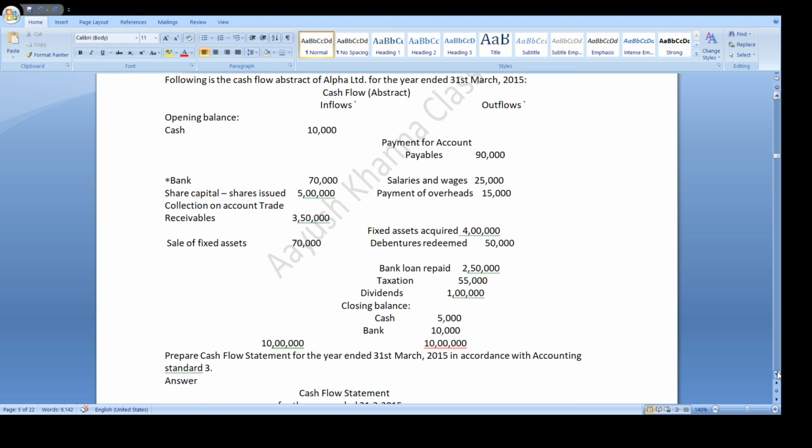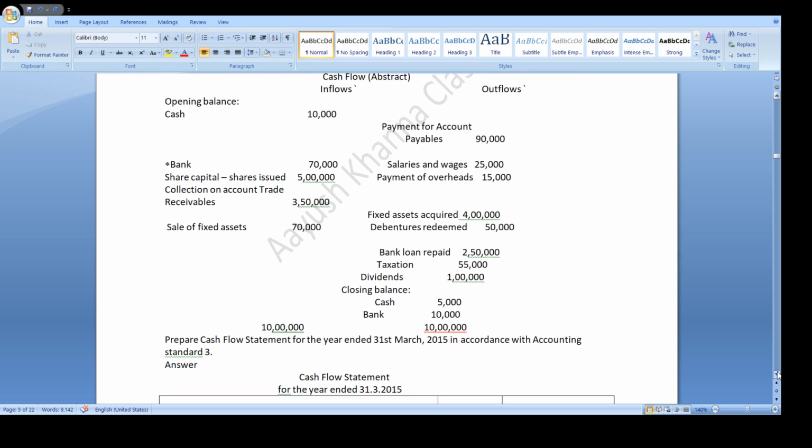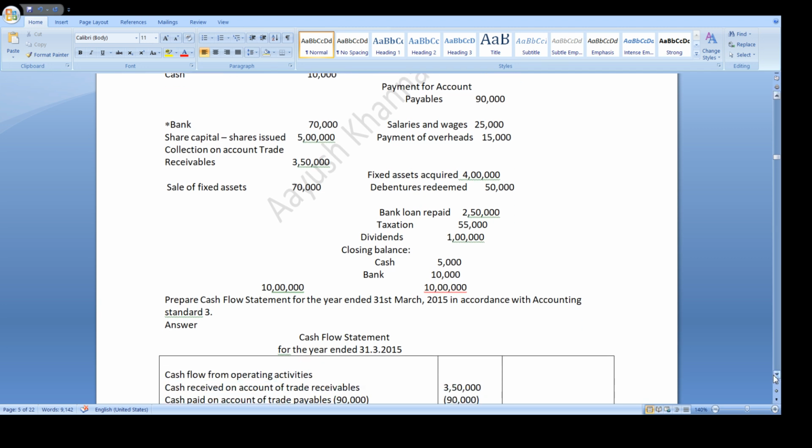We are given the opening balance of cash 10,000 in bank, 70,000 share capital issued, 5 lakh, collection on trade receivables 350,000 and sale of fixed assets 70,000, and many more payments and many more outflows. Now it says, prepare a cash flow statement for the year ended 31st March 2015 in accordance with accounting standard 3.